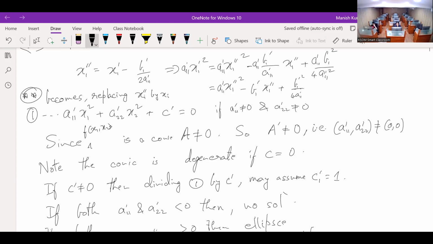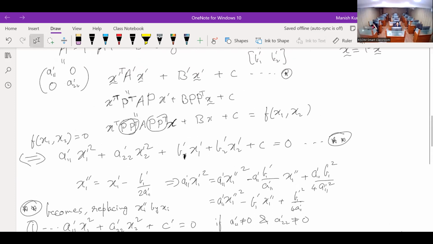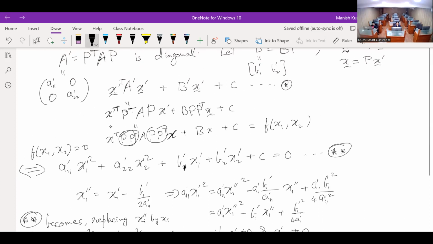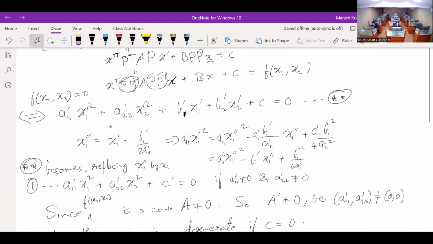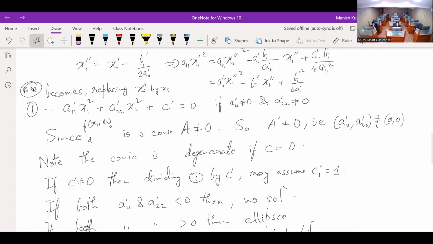Remember, up to this equation we were not really using the fact that a11 and a22 are non-zero. Only when we get to this equation do we say that they should be non-zero. Now, if c prime is 0, this gives you a degenerate conic.